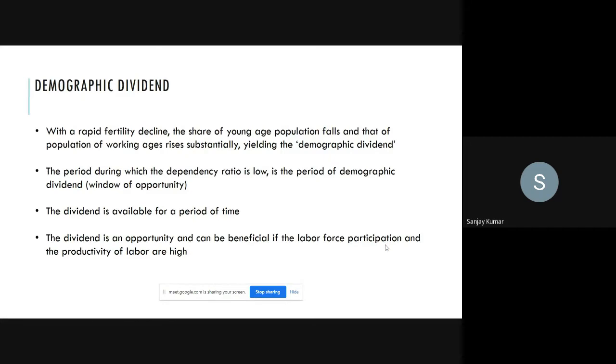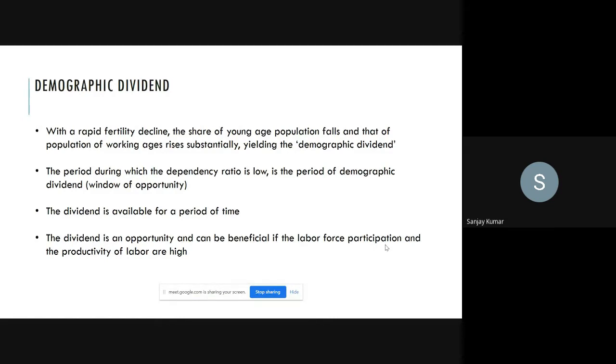So with this background, let's try to understand what demographic dividend is. As we have already seen, with the rapid fertility decline, the share of young population falls and that of the population of working age rises, which gives a situation which is demographic dividend. But this period of demographic dividend is going to be available only for a limited period of time.